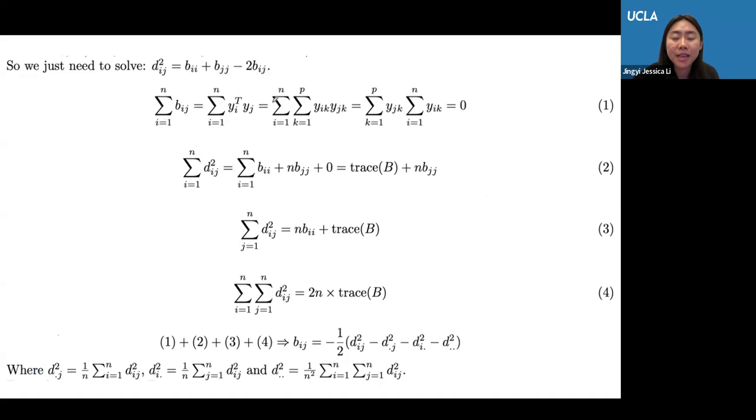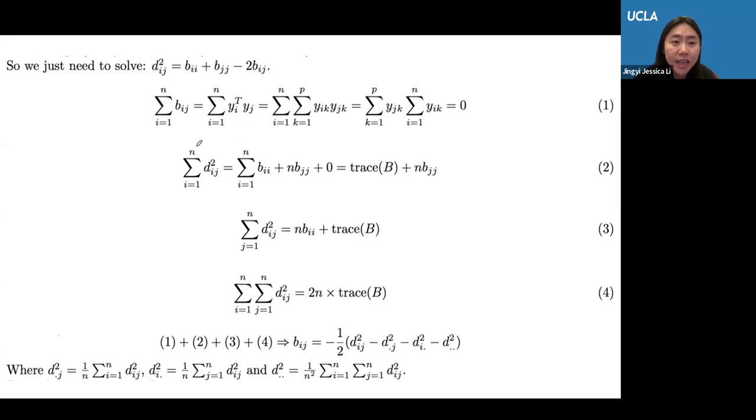Then we have the double sum, over i and over k. First do the sum over i, but put k outside. Then we have the sum of yik for i from 1 to n, fixing k, and this is 0 by our constraint. So therefore, we have the sum of bij, i going from 1 to n, being 0. Same argument, we have the sum over j going from 1 to n being 0. So we have that being 0 first, taking the sum of bij over i or j.